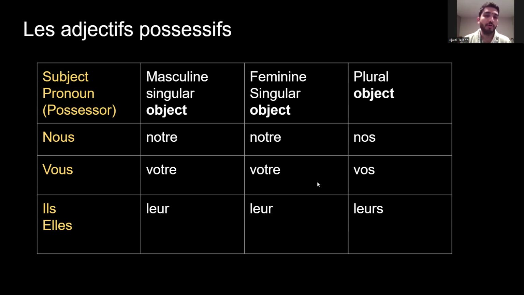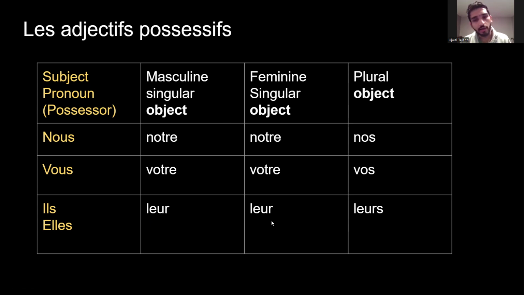In this slide, I want you to focus here. Okay, so notre didn't change between masculine and feminine. For plural, you change it to nos, N-O-S. Same thing with votre, same for masculine or feminine. And for plural, it's going to be vos, V-O-S. And for they, if you want to say their car, it's going to be leur.